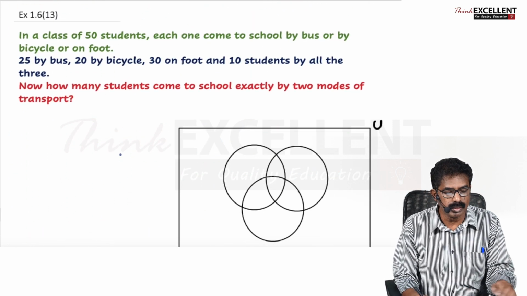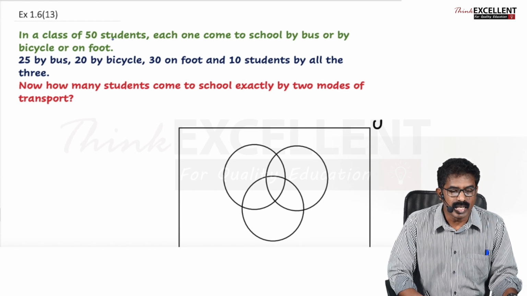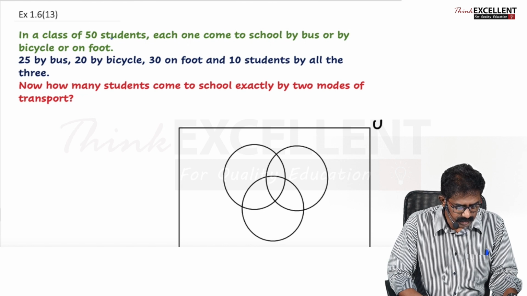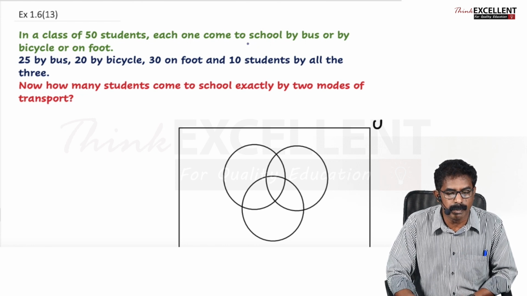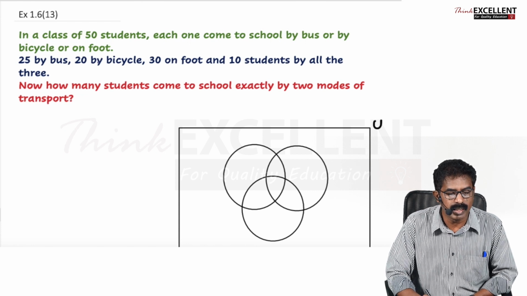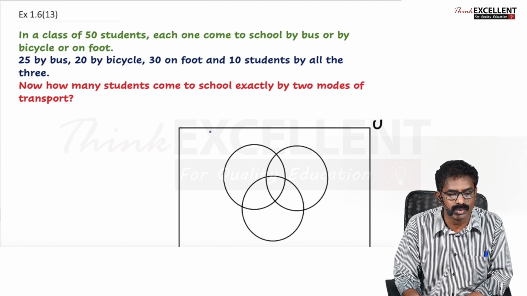See question number 13. In a class of 50 students, each one comes to school by bus or by bicycle or on foot. So again you have bus and bicycle, right? One we take bus, BU.